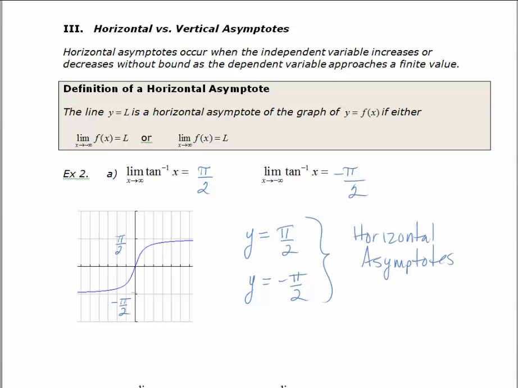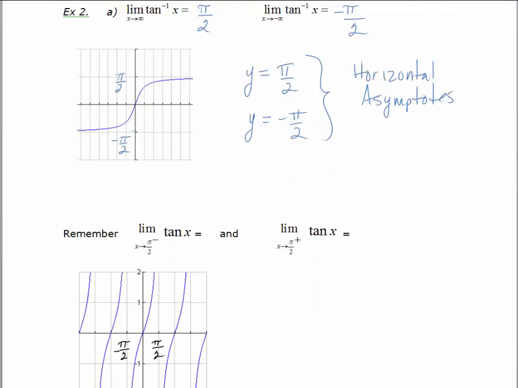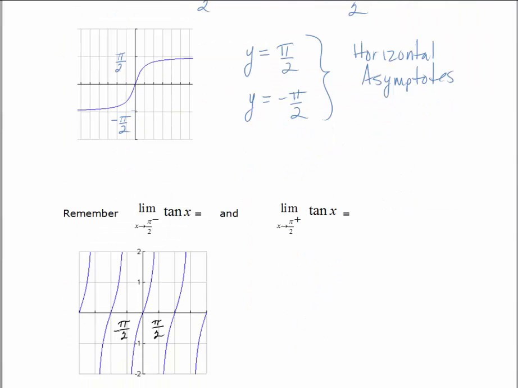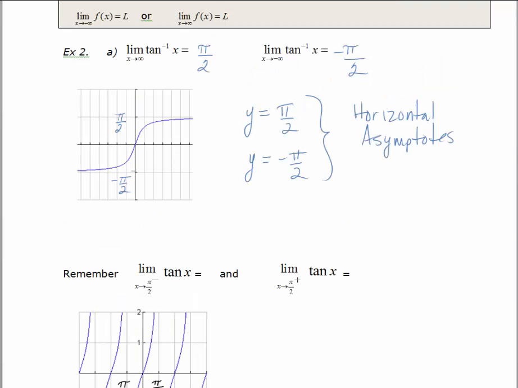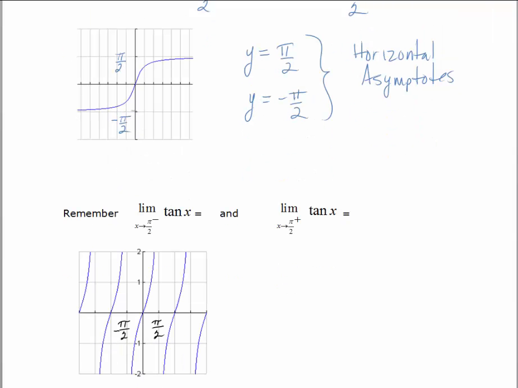Right, let's just go back and look at an example with a vertical asymptote. Remember the graph of tan x, and the graph of tan x as x approaches pi over 2 from the left and x approaches pi over 2 from the right. As x approaches pi over 2 from the left, the y value is growing without bound, so the limit was infinity, and we had a vertical asymptote there.